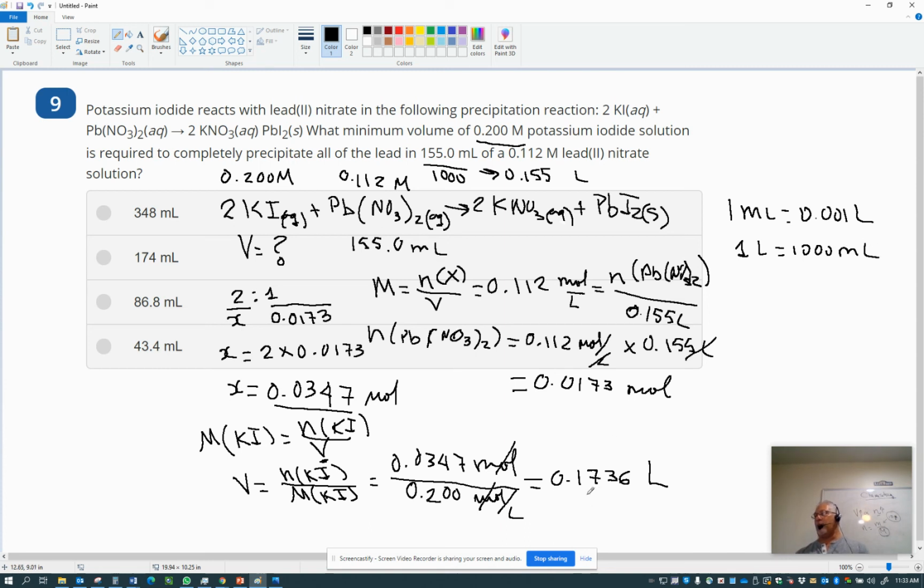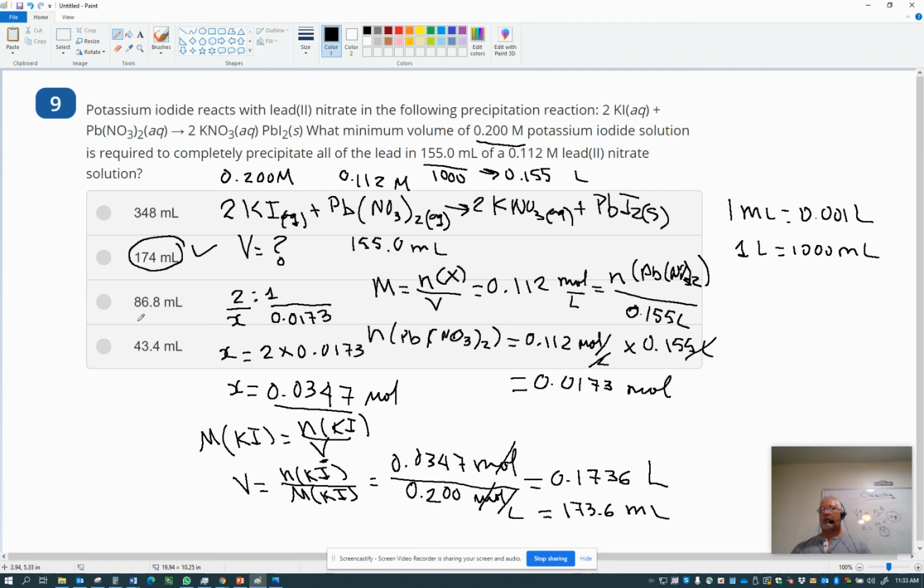So if we multiply this by 1,000, that will be equal to 173.6 milliliter, and the correct answer by rounding 173.6 will be this one.